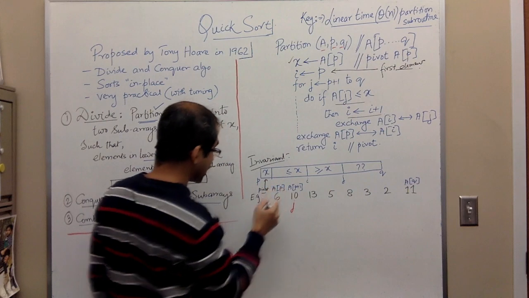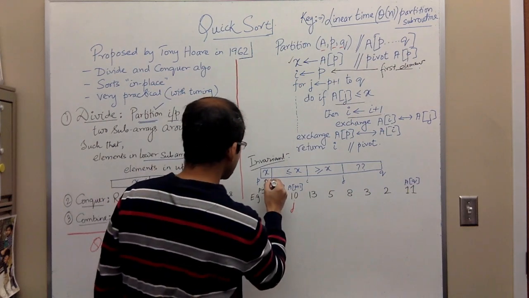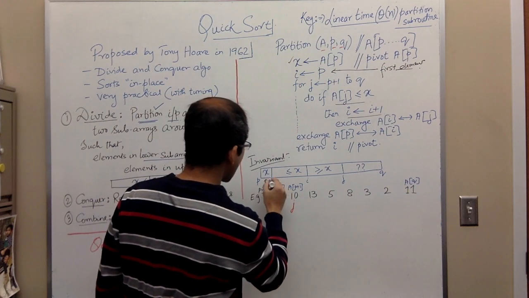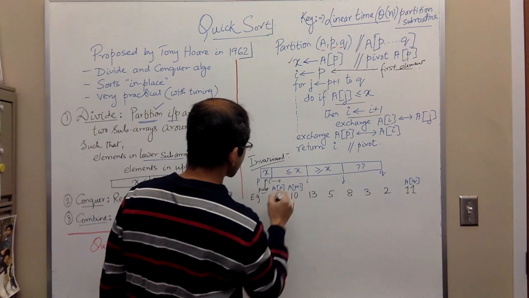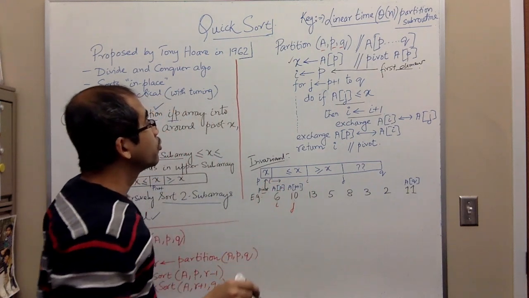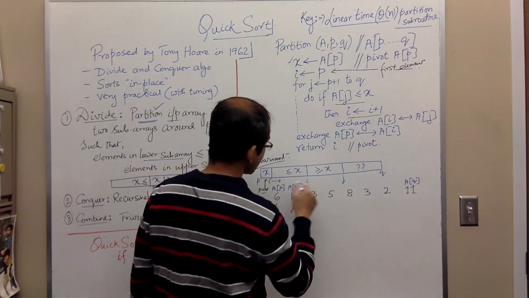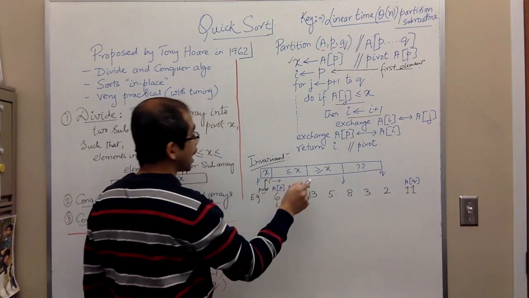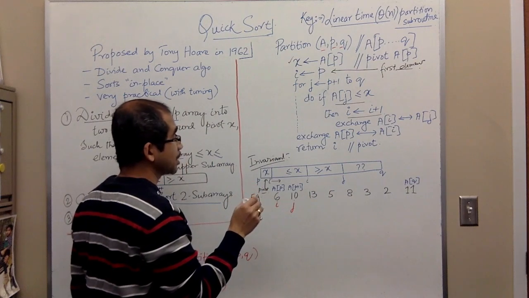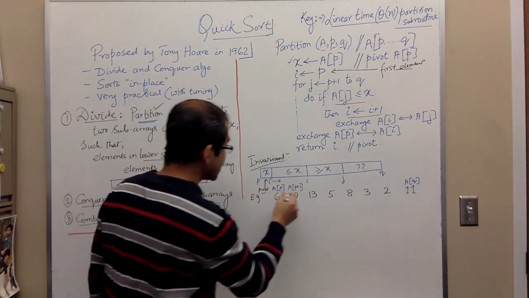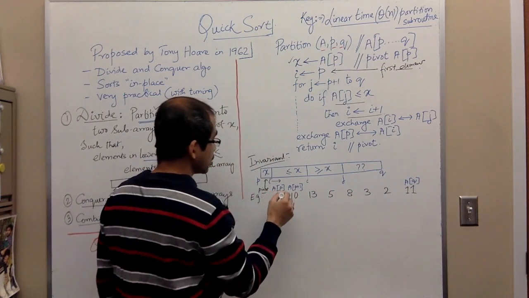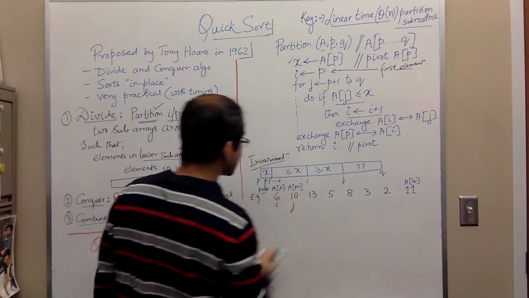The i will be incremented in this direction for all elements which are greater than x. If we find an element greater than x, then i is incremented, otherwise i stays in place. Let's see with this example.